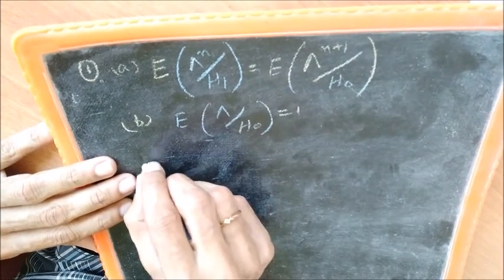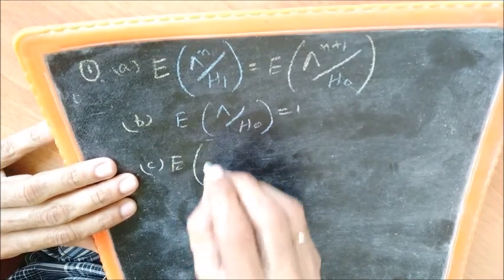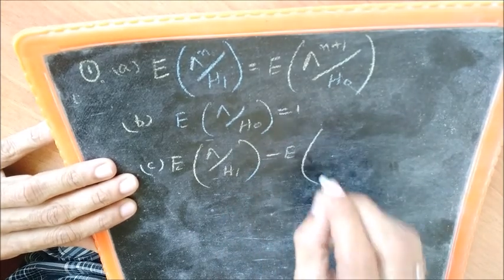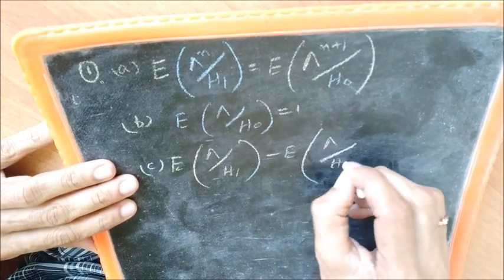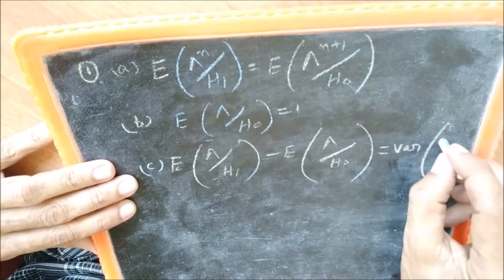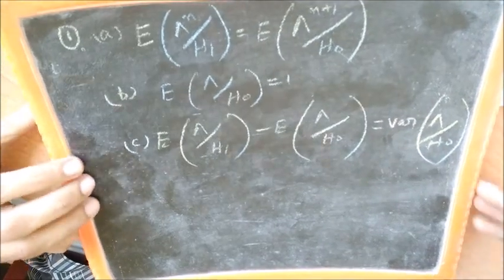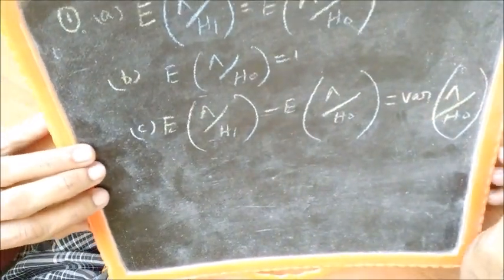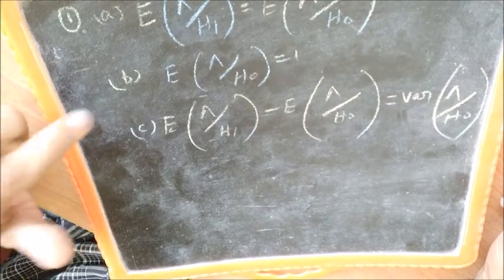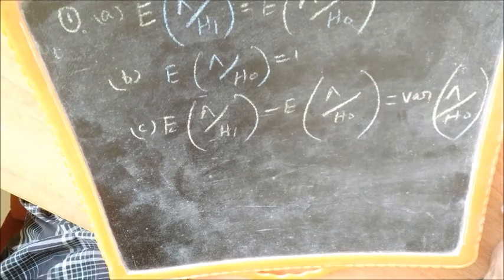And then we have to show that the expected value of the likelihood ratio given h1 minus the expected value of the likelihood ratio given h0 is equal to the variance of the likelihood ratio given h0. We will do this one by one, and I will start by first solving B, because that result may be required later while solving A or C. So we will start with B.